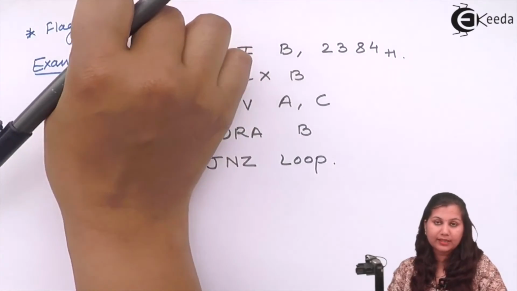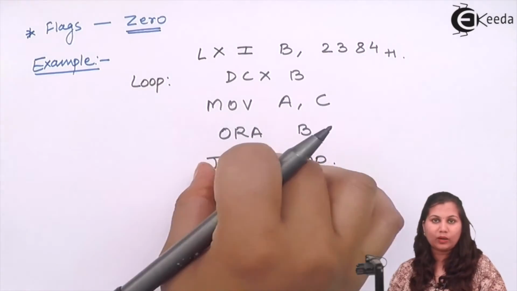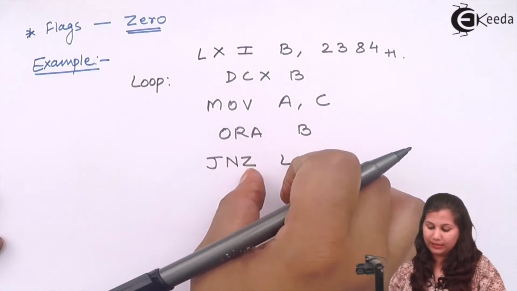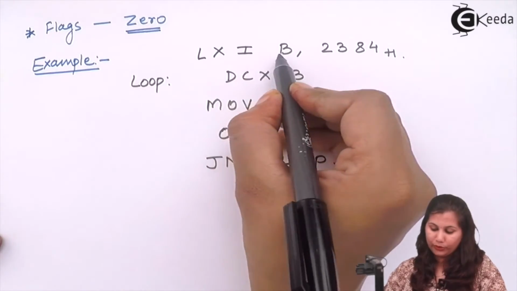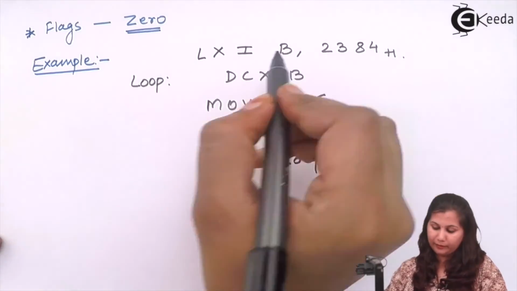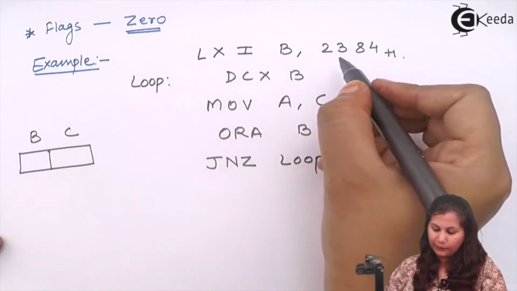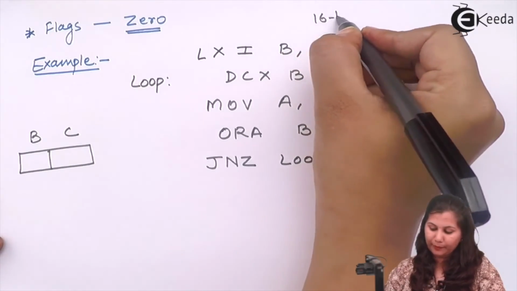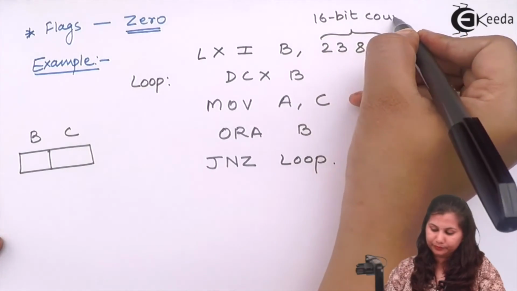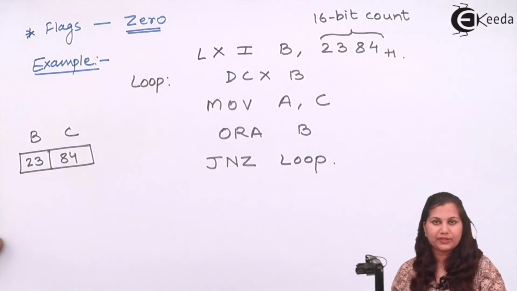If we want to set this zero flag, then we have to use a technique, and in this program we have used one such technique. Here we have loaded the BC register pair with a count 2384. This is a 16-bit count.